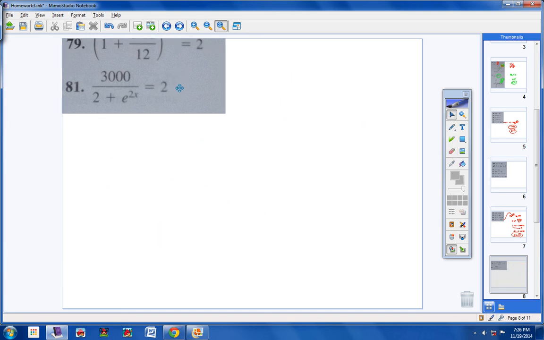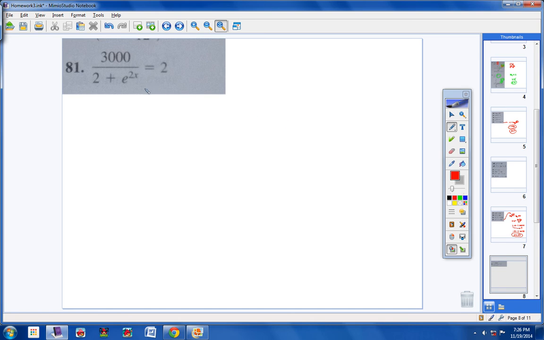Okay, we want to get the base of the unknown here all by itself. So here's what I would do. I would multiply both sides. Well, I'll tell you what would be easier to do is this. I would put 2 over 1, and I would flip this side here, which you can do as long as you flip the other side.